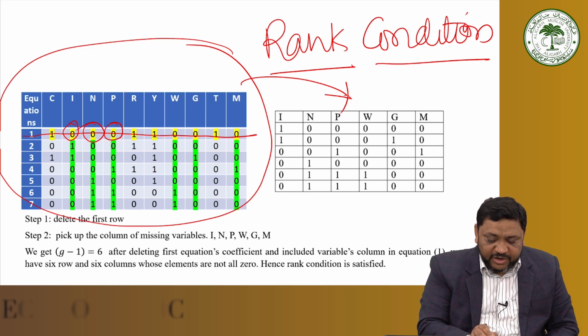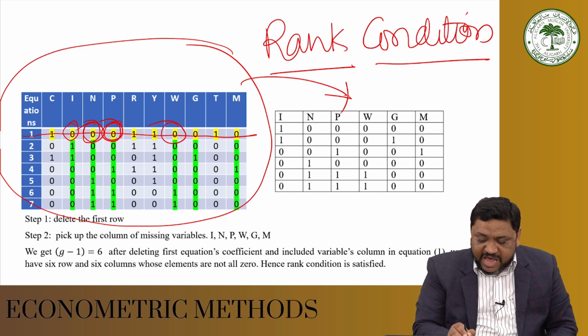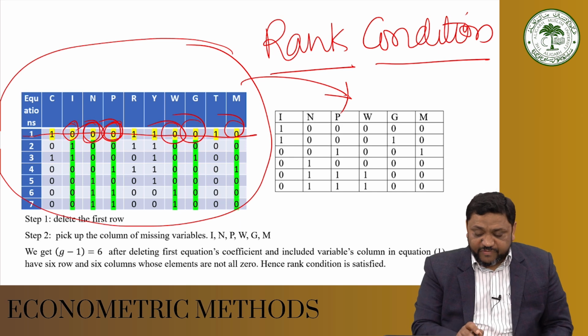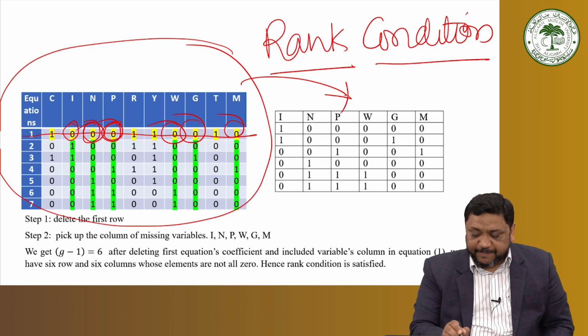So we have 0 at I, we have 0 at N, we have 0 at P, we have 0 at W, we have 0 at G, and we have 0 at M. So we will be picking up these columns, then we write them in a separate matrix.